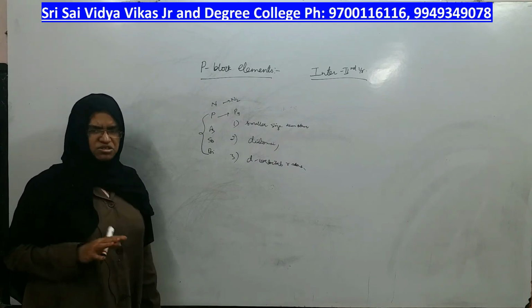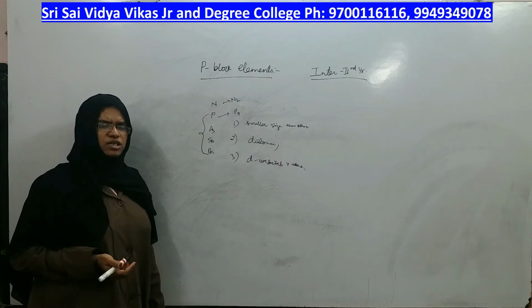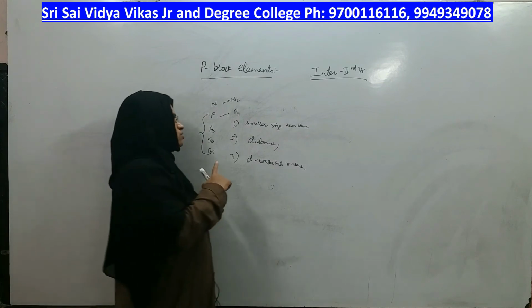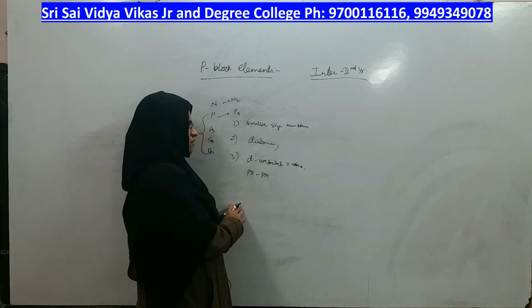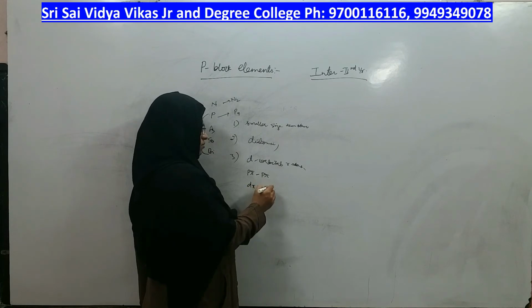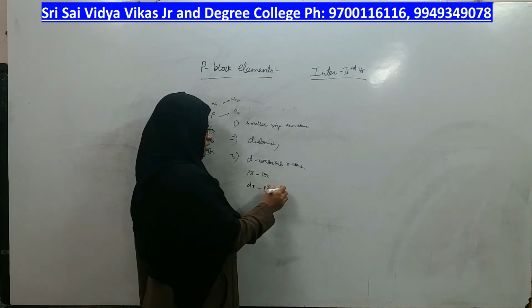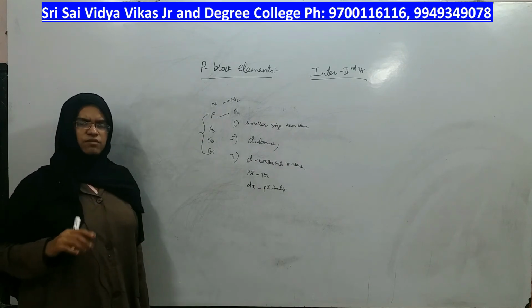Yes. For nitrogen it's not there, that means it is not involved in bonding. Which type of bonding is seen then? If there are no d orbitals, nitrogen always shows p pi p pi type of bonding, whereas other elements easily show d pi p pi bonding. Right, nitrogen always forms p pi p pi bonding.